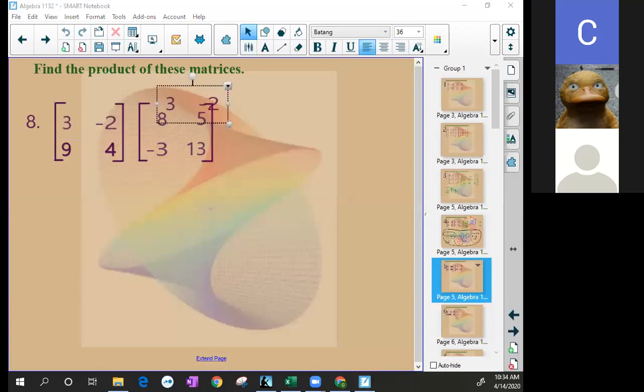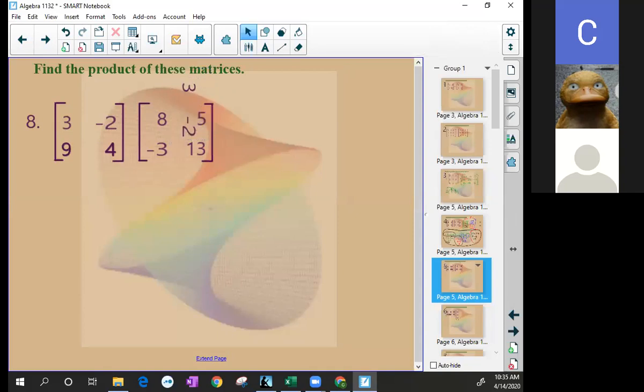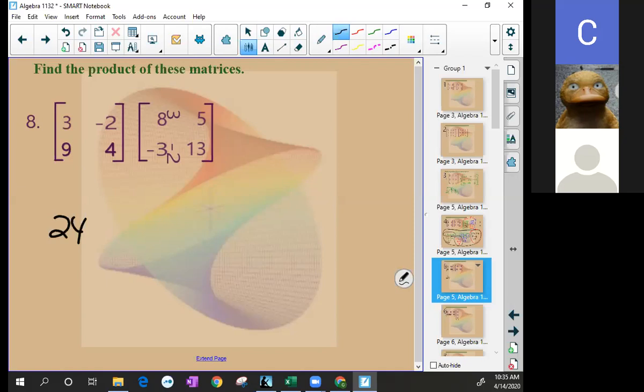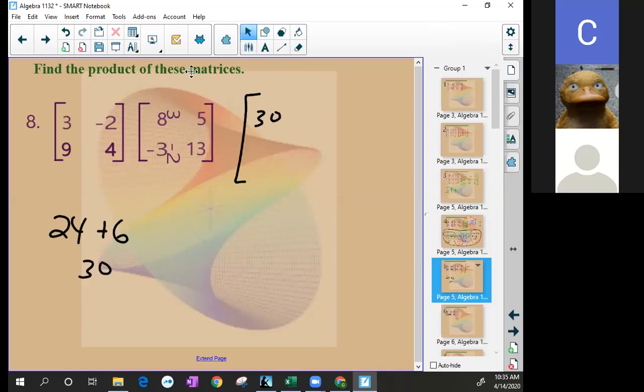So bring it over here, turn it over, and I've got 3 times 8 is 24. Negative 2 times negative 3 is a positive 6. So that's got me 30. I still will use some scratch paper, but in my mind, I know I need to flip that row and let it lay on that column.